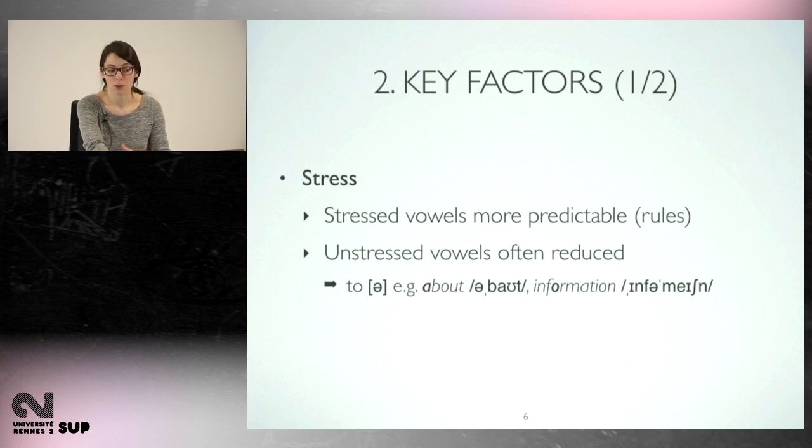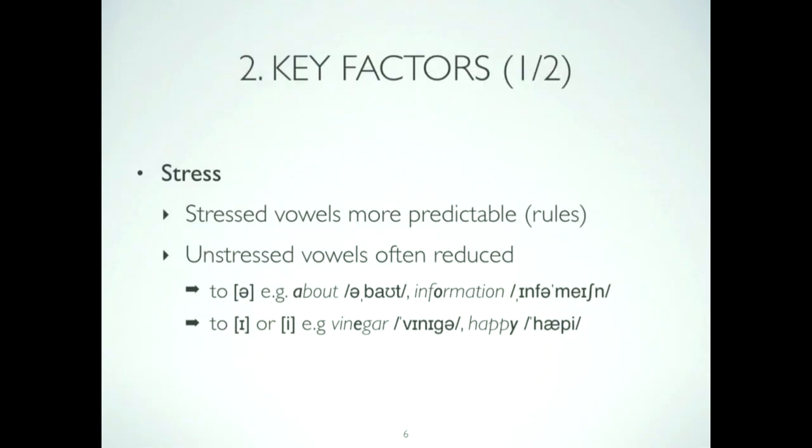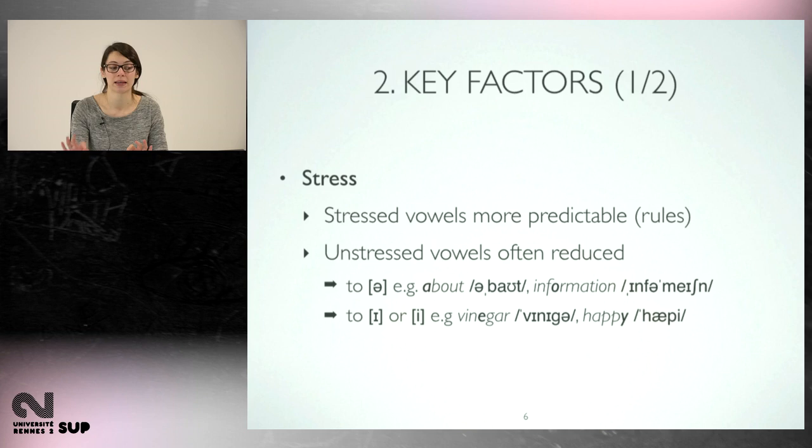An unstressed vowel may also reduce to E, that is lax E, or non-phonemic E. So you have lax E in vinegar, and you have the non-phonemic E in happy. So the only vowels that may be reduced to E are the vowel I and the vowel E. When I say the vowel I and the vowel E, I mean the graphic vowels.